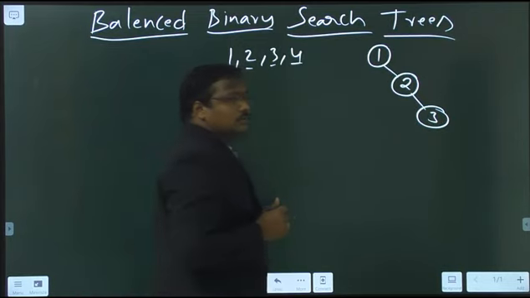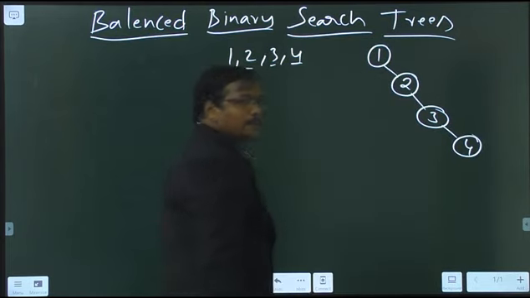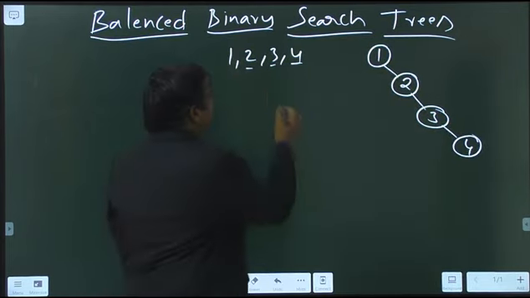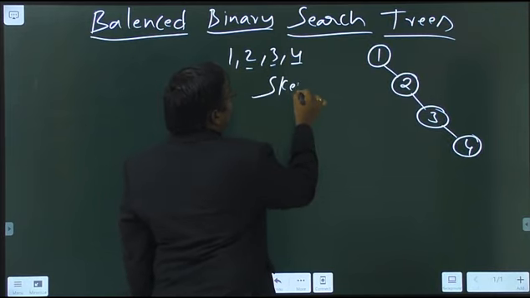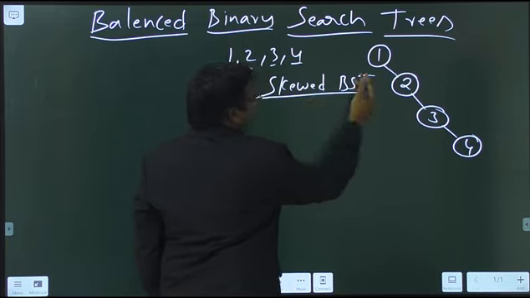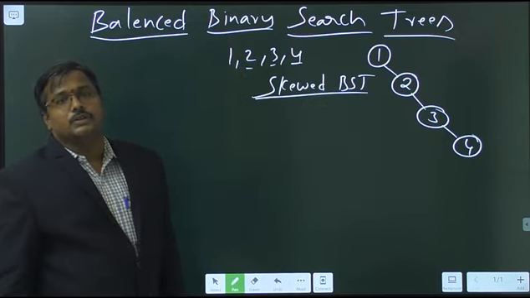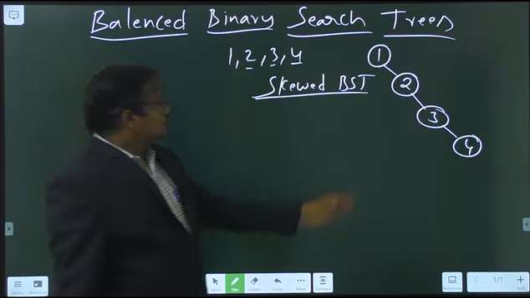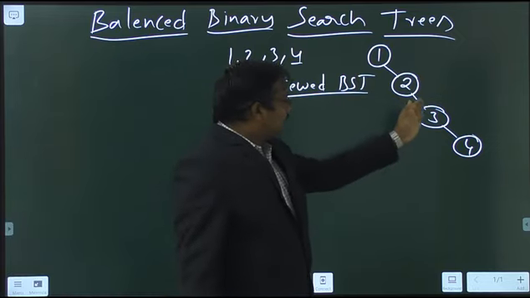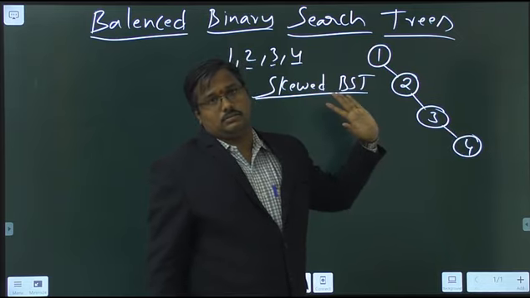Whenever we want to insert 4, in that case also 4 is inserted like this. So this kind of tree is called a skewed binary tree, nothing but a skewed binary search tree. Skewed means each and every time only the right subtree is present and the left subtree is null.